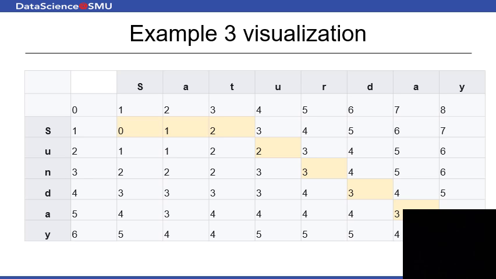U is equal to U, so the difference remains at 2. We substitute an R for the N, so the difference goes to 3. And all of the rest of the characters are the same, so the difference remains 3 for these two strings.